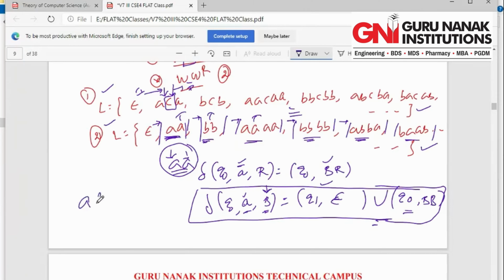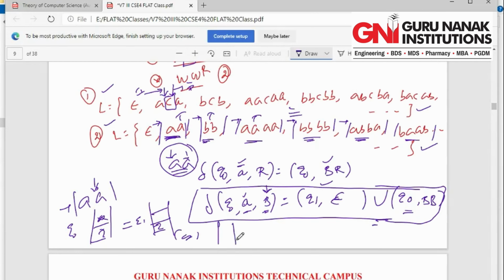Again I'm telling that before insertion, the stack must not be empty, which means something can be deleted. So initially, suppose Z A is there. I want to remove this A. I use the same A here. I removed it, then the stack is having Z. This is the Q0 state, Q1 state.